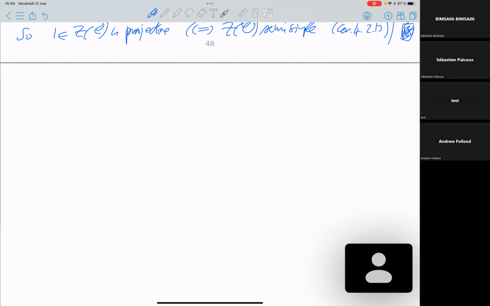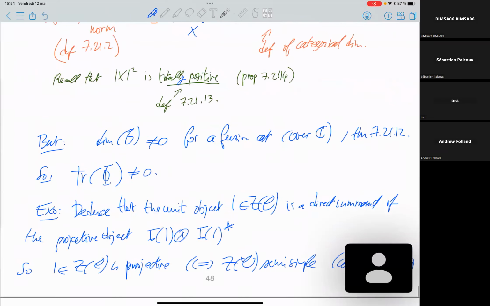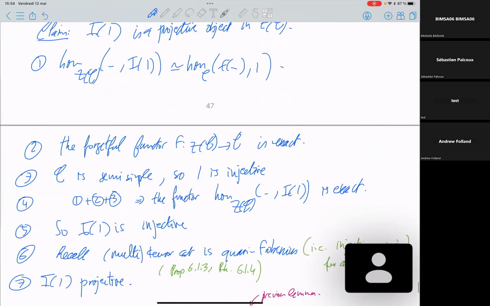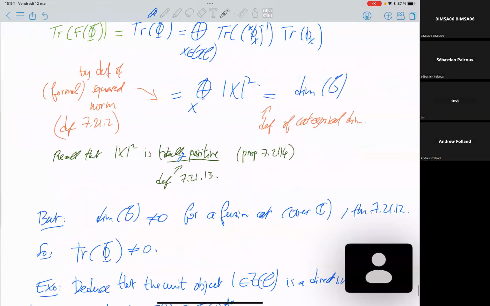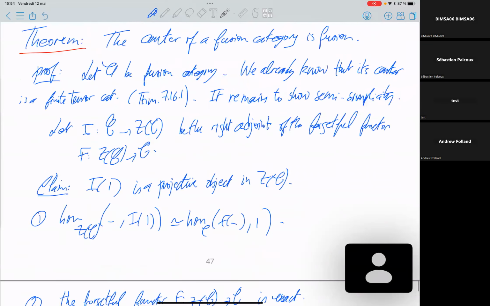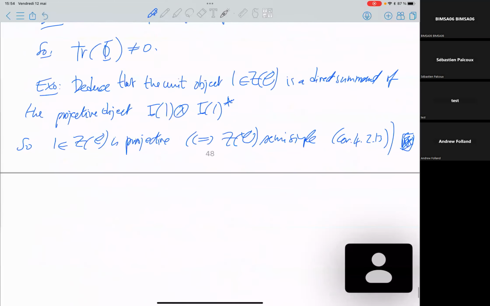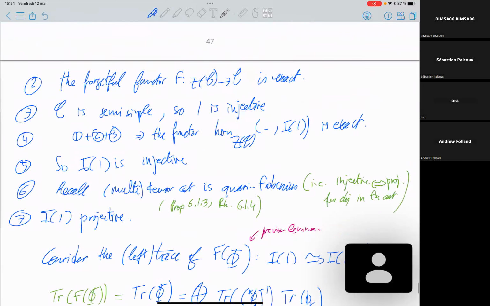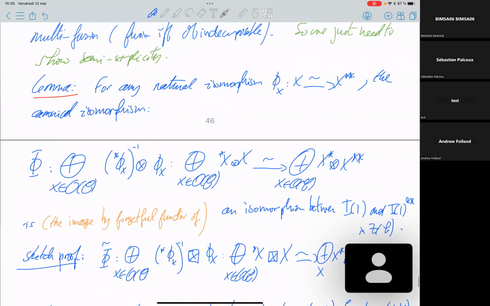So next corollary. What did we state at the beginning of this section?